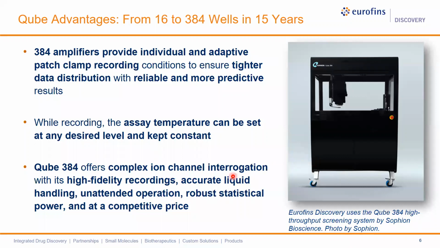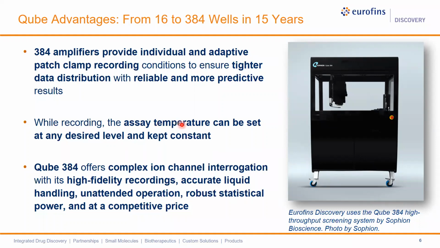So we've been using Cube for the last 2.5 years, from Sophion. It's a high-throughput screening system. It's a Cube 384 because it uses a 384-plate format, and also uses 384 amplifiers that provide individual and adaptive touchpoint recording to ensure tighter data distribution and more reliable and predictive results.